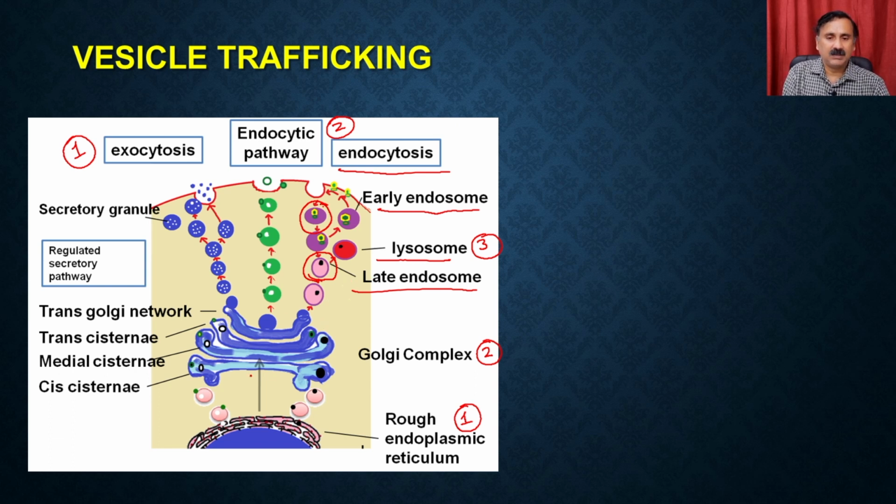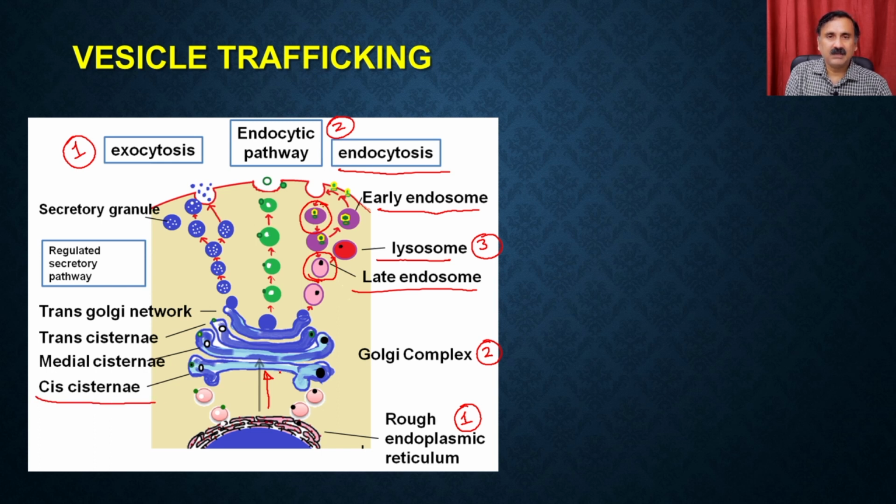Apart from that, the proteins which are synthesized by the ribosomes attached onto the ER are modified with the help of different types of glycosylations, and these glycosylated proteins enter into the Golgi bodies through the cis Golgi.